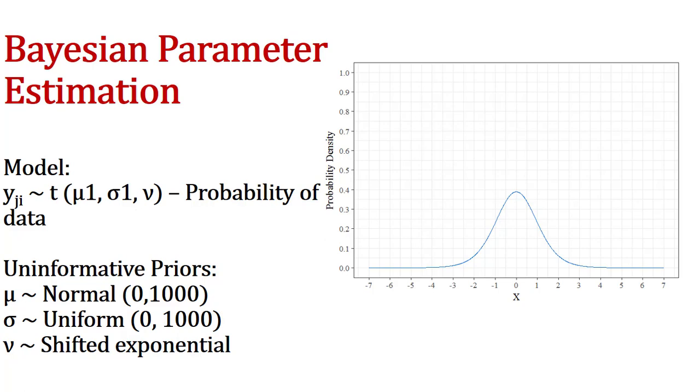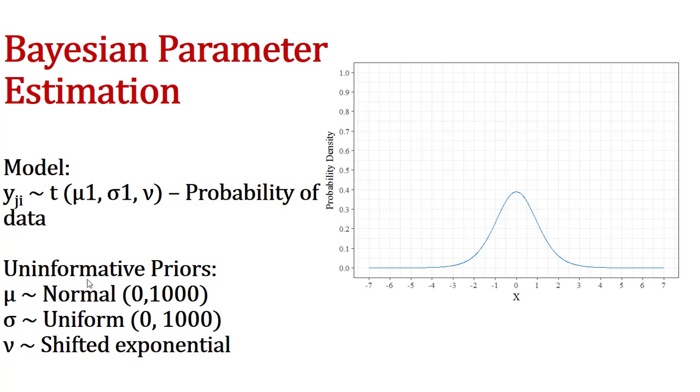So basically we are going to estimate the best mu, the best sigma, and the best nu, to obtain as high a likelihood as possible. And the parameters, the mu's, which is 1 per group, and the sigma have prior distributions, and these are uninformative.